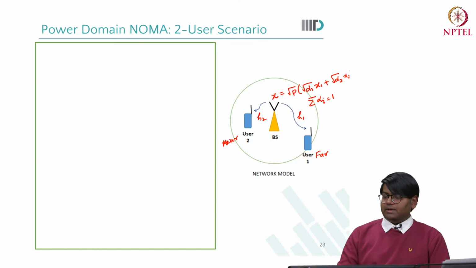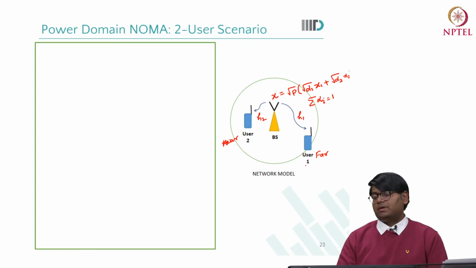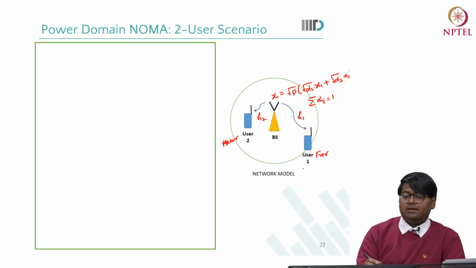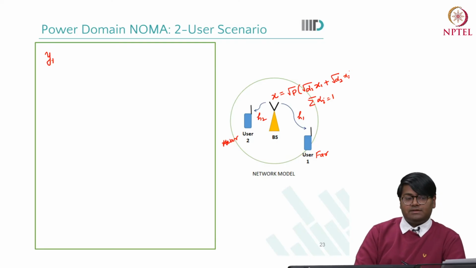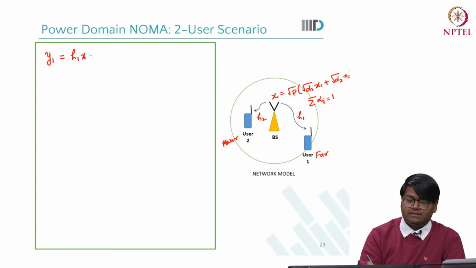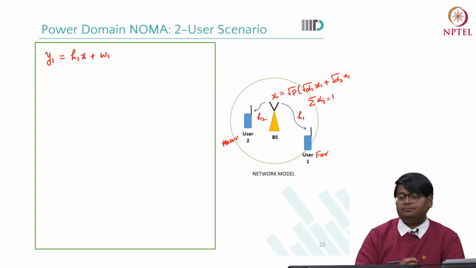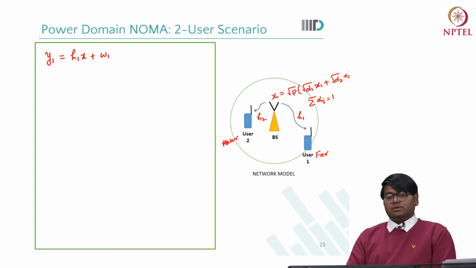Now, if we look at the received signal for my far user and near user, mathematically we can write that the received signal at user 1 is given by H1x plus W1. So W is nothing but the AWGN noise, additive white Gaussian noise, and H1 is the channel between my base station and user 1.